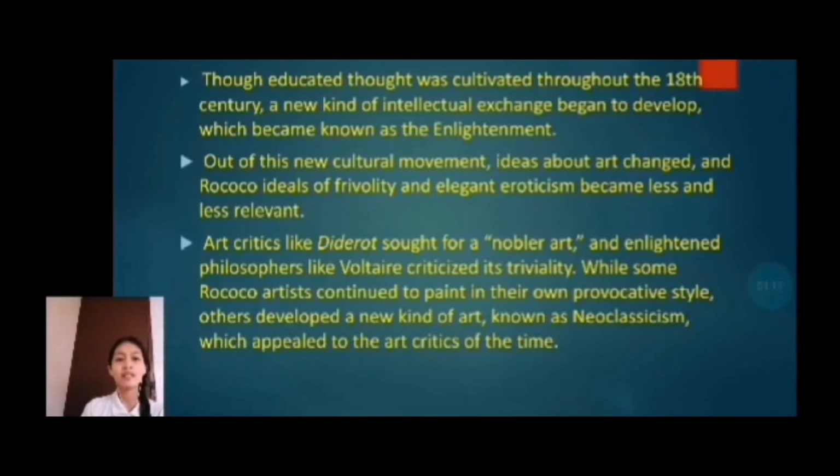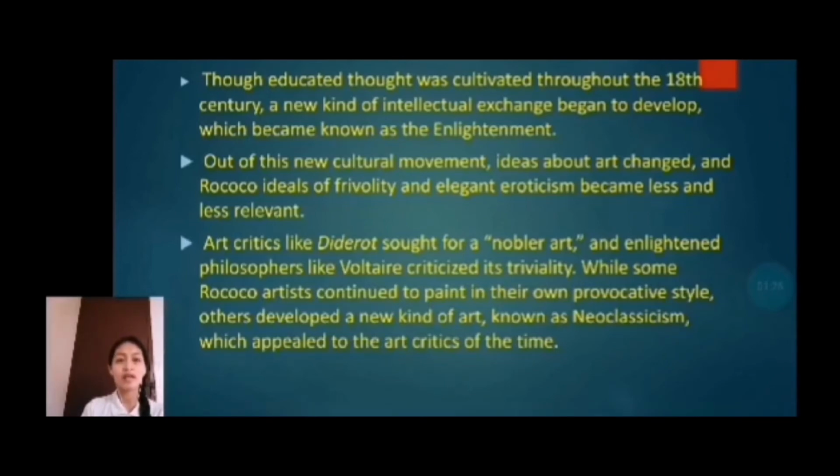And so art critics like Diderot sought a nobler art, and enlightened philosophers like Voltaire criticized its triviality, while some Rococo artists continued to paint in their own provocative style.